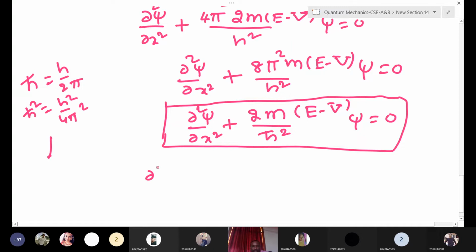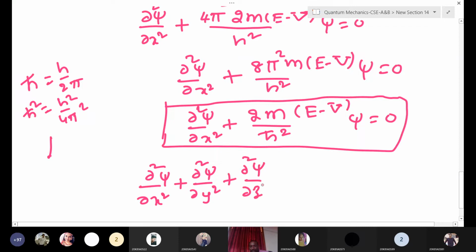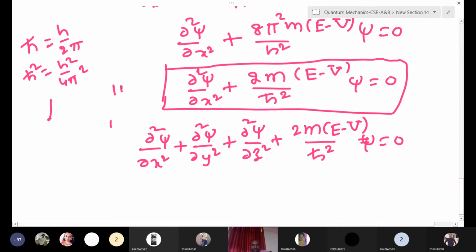That means dou square psi by dou x square plus dou square psi by dou y square plus dou square psi by dou z square, plus 2m into E minus V by h cross square psi is equal to 0. The potential energy is the same and will not change. The earlier one is one dimensional, and this equation is three dimensional.